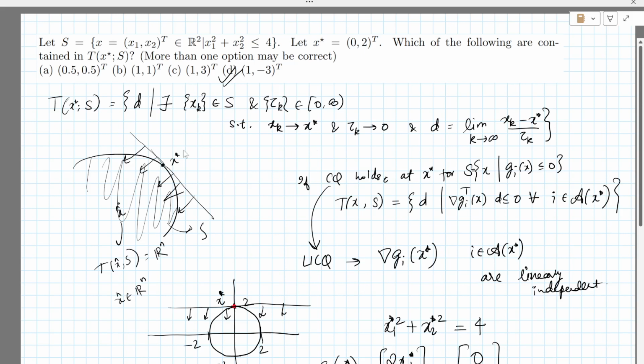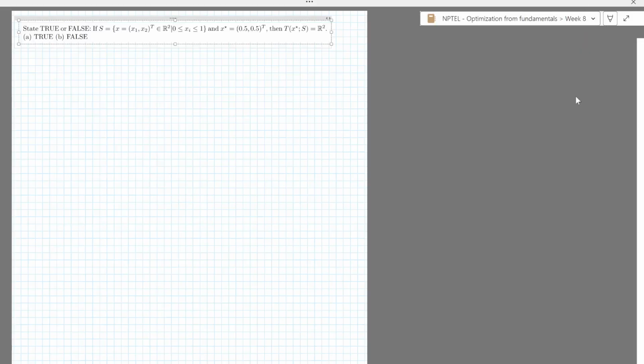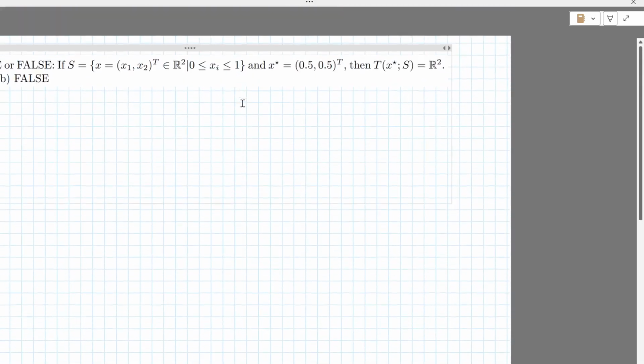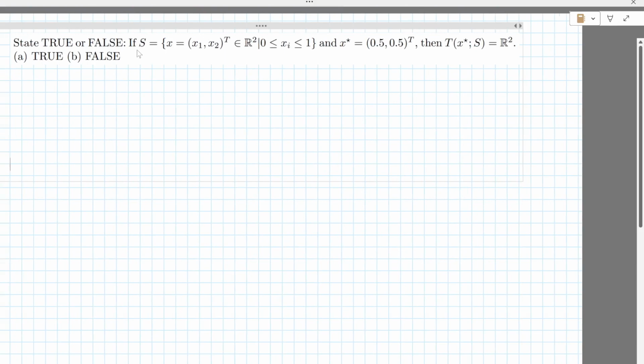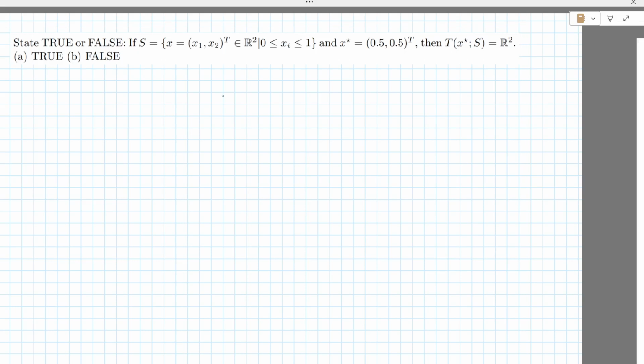And this point was on the boundary. So here we are having another set in 2D, and we are given one point, and we are asked whether the tangent cone is R2, true or false. So let's look at this set. It's 2D, so we can just draw the set.